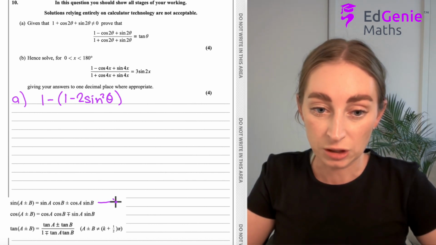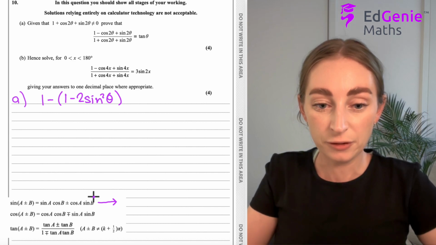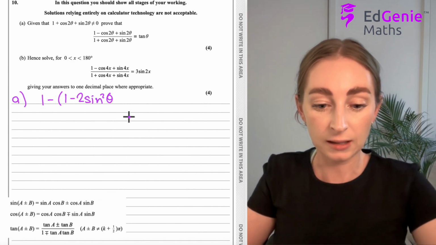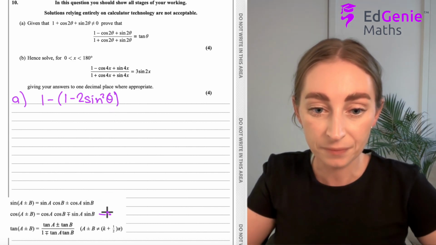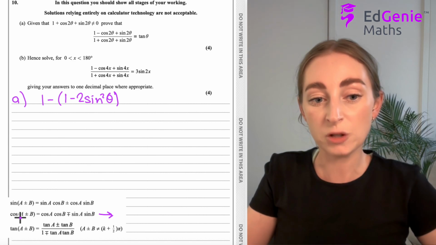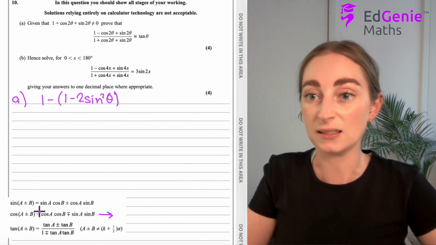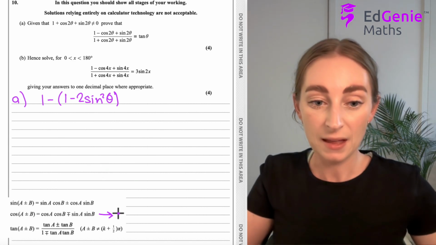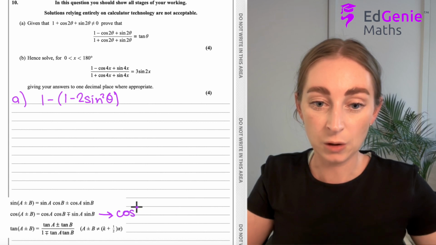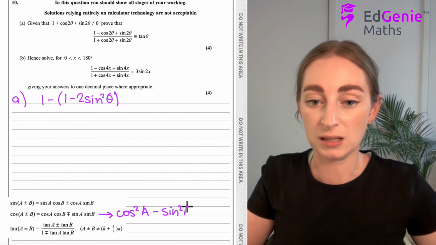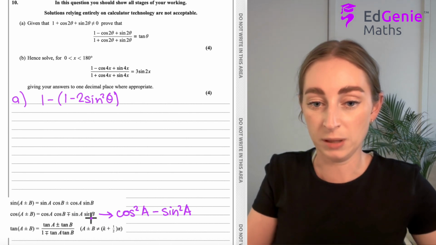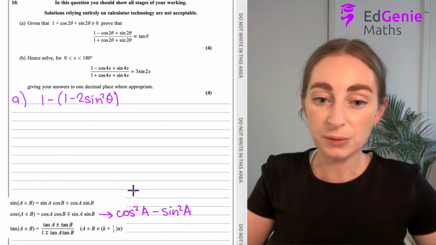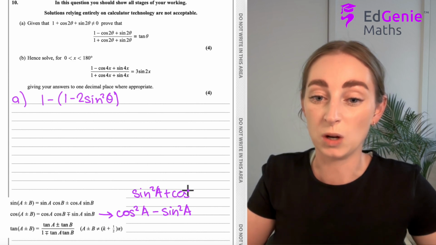But let me just quickly show you why. Let's look at this one. Imagine if we've got cos A plus A. So you'd have cos 2A, which is cos squared A minus sine squared A. We also know that sine squared plus cos squared equals 1.